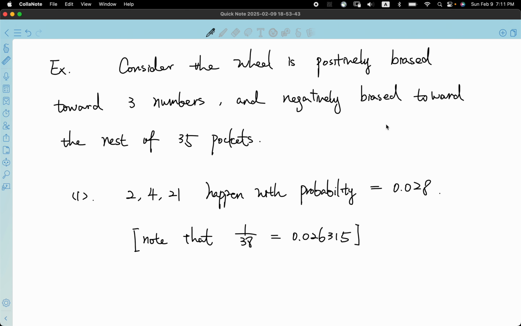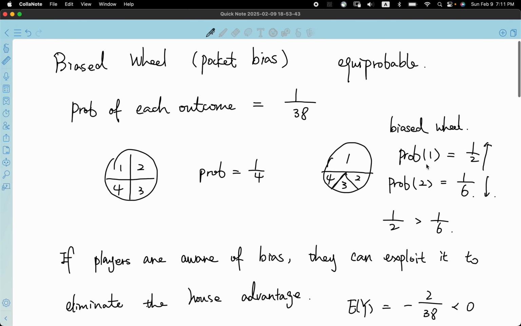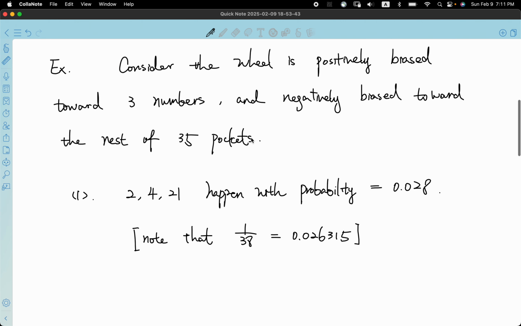As you can see, this number is already greater than this number here. So that means rather than an equally probable space, we have these particular 3 pockets that have a greater probability. So you can think of this as the case where the ball landing on the particular 3 numbers that we defined here will have a greater probability. So just think about this figure or this kind of wheel for these examples.